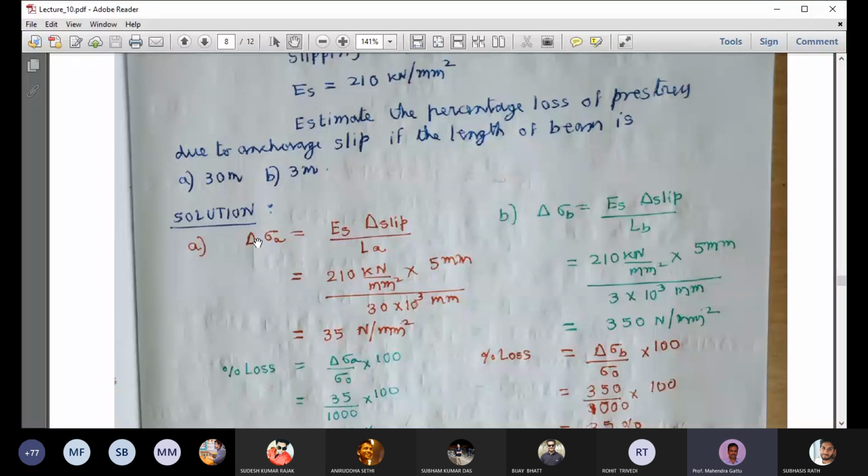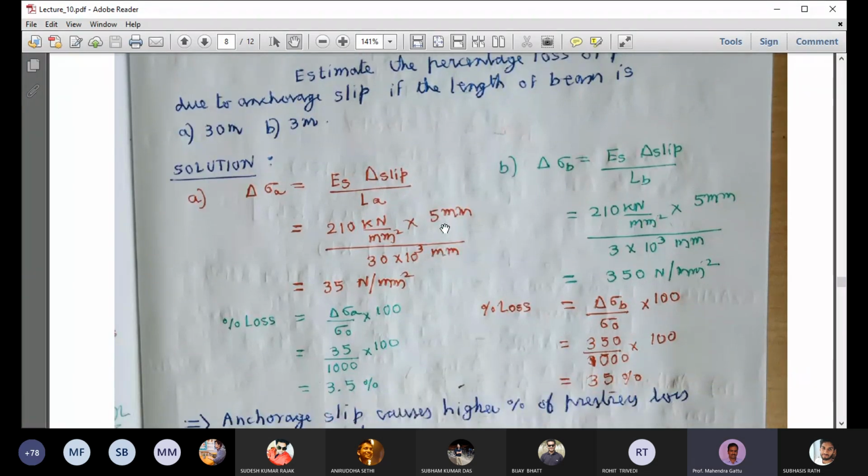So we just apply that formula. Delta loss in stress is E times delta slip by length. So E is 210 kilonewton per millimeter square, and delta slip is 5 millimeters. Length is 30 meters, so 30 into 10 power 3 millimeters. So what we can do, we can cancel out kilonewton and 10 power 3, and the zeros cancel out, so we get 35 Newton per millimeter square.